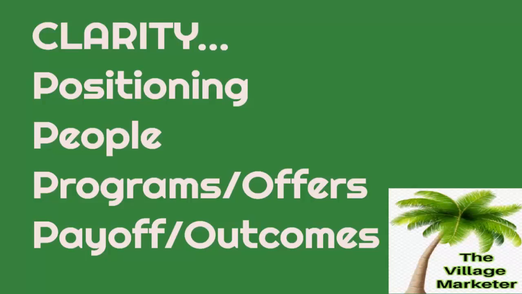And again, with clarity, what programs or courses or products do you have? Be clear about that. I mean, are you selling your time for money, or do you really have a program or a course or a workshop or something that is based on the outcomes that you are going to deliver? If so, get clarity on that and make sure your audience knows that.